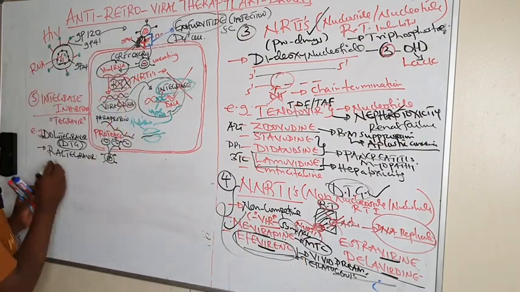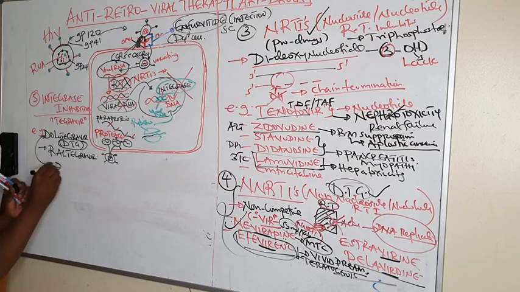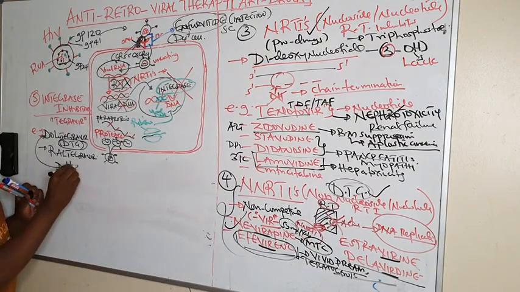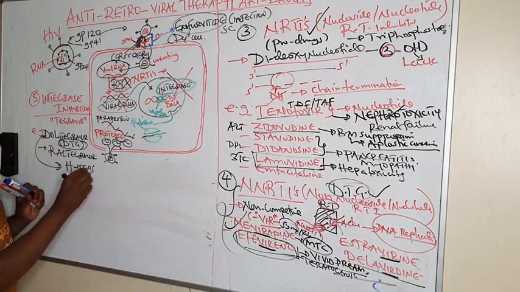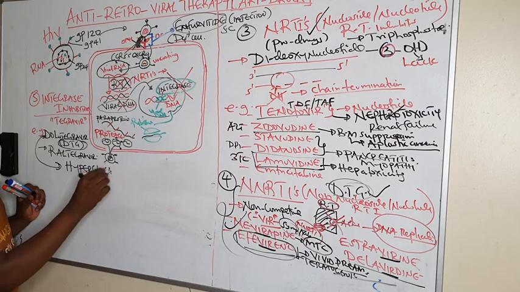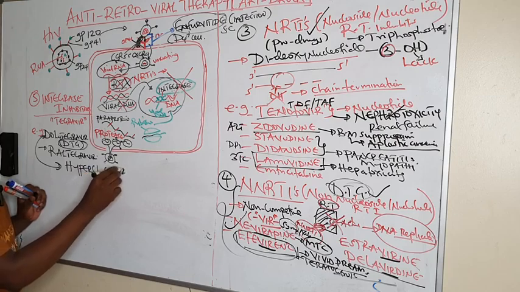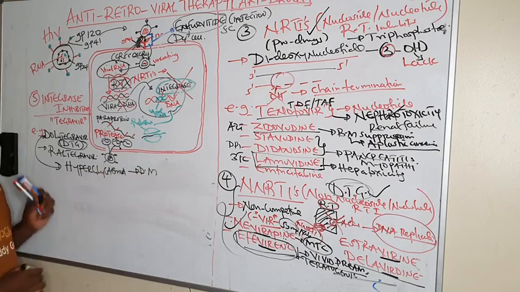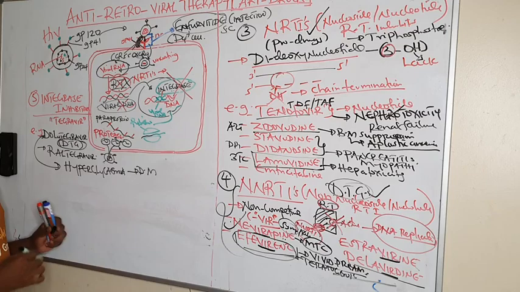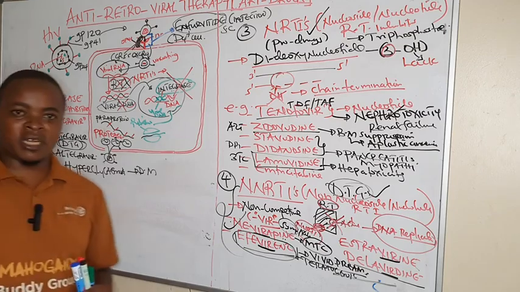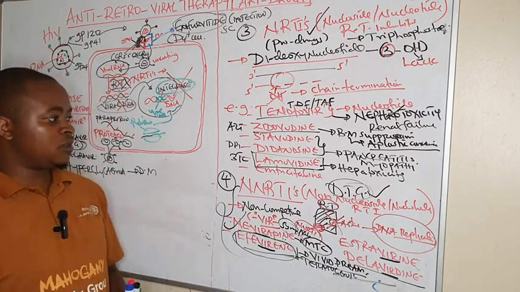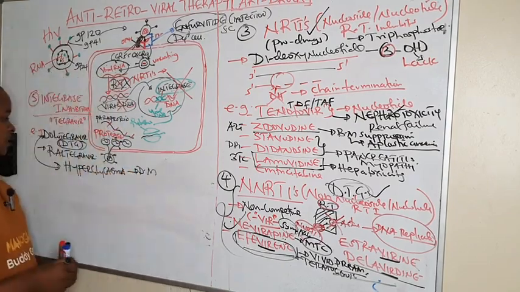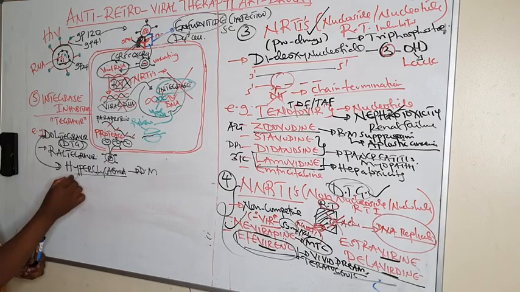But we said this dolutegravir, its major side effect is it causes hyperglycemia. So it is contraindicated in patients with diabetes mellitus, and it is always used in combination with lamivudine and tenofovir as the first-line drug in HAART.